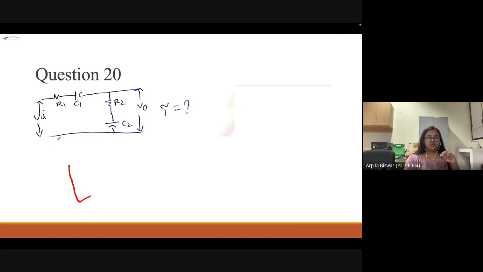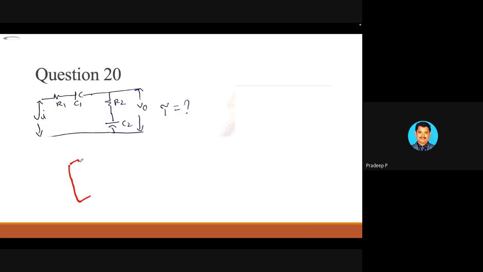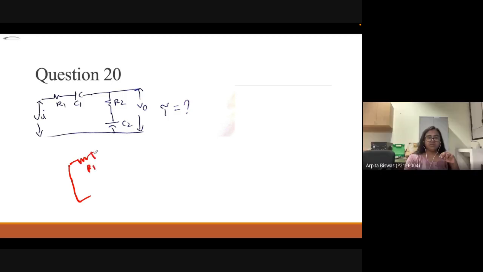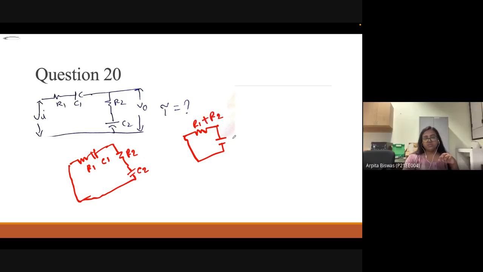It is shorted now, so there is a voltage source, then R1, then a capacitor C1, and a resistance R2, and a capacitor C2. Now if we convert it into a normal RC circuit, how does it look? What is the value of R equivalent here? R1 plus R2, because it is in series. And what is the value of C? If capacitors are in series, then what is the value of C equivalent?